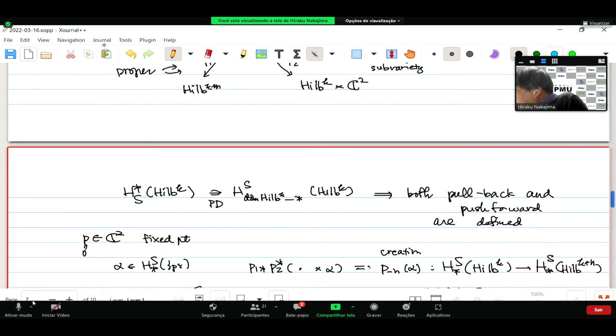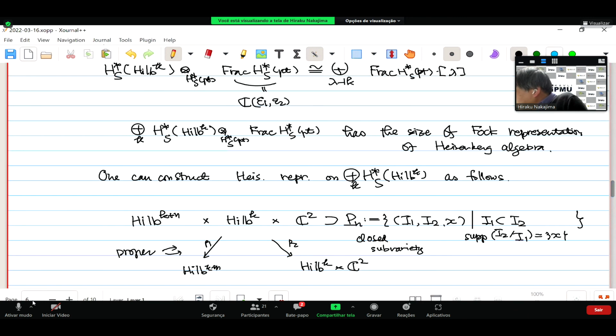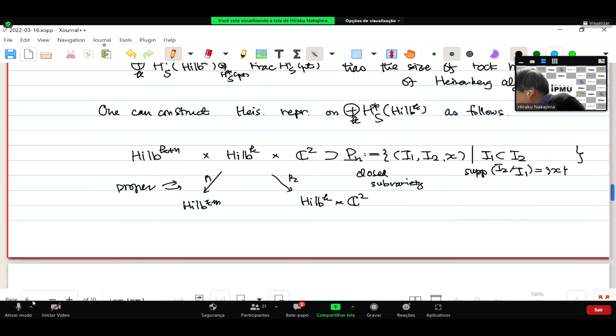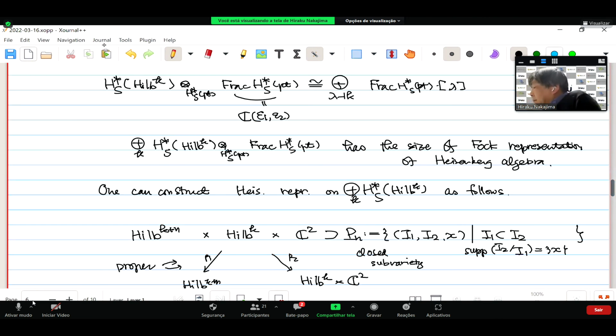But I just replace it with the cohomology ring of the surface. Then I can consider the corresponding Heisenberg algebra, which is basically copies of the Heisenberg algebra. And if the surface has odd degree cohomology, then it changes from Heisenberg to Clifford algebra. So this construction can be generalized to surfaces.